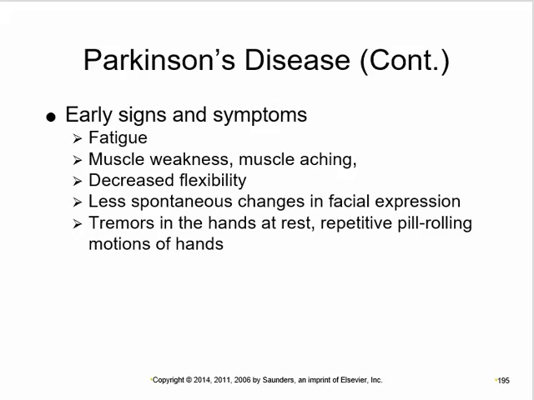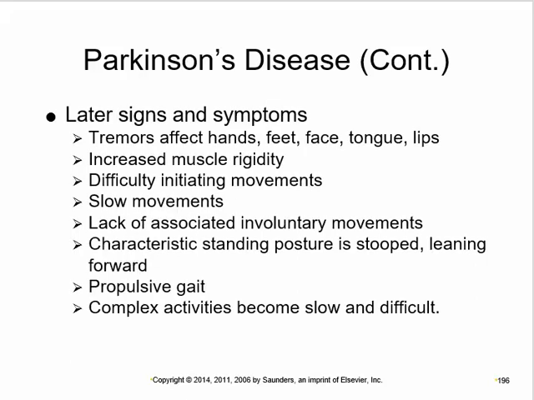And usually it's the pill rolling tremor that becomes diagnostic, that gets checked out, and then you find the other things. Again, because people think, well, I'm stressed and I'm getting older, I have fatigue, and of course I'm getting weaker, and I'm losing my flexibility because I have some arthritis. And they don't notice their own facial expression, so it's the tremor that usually does it.